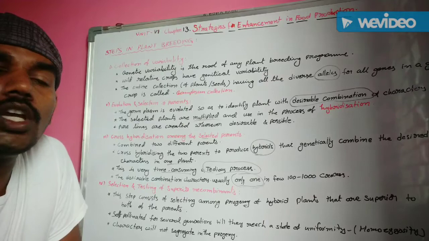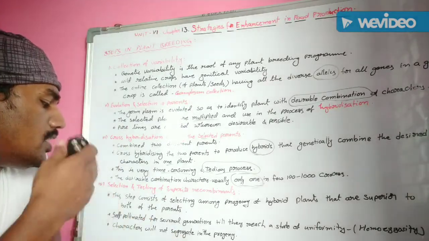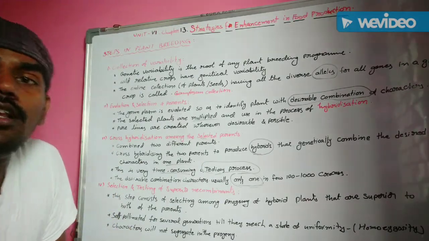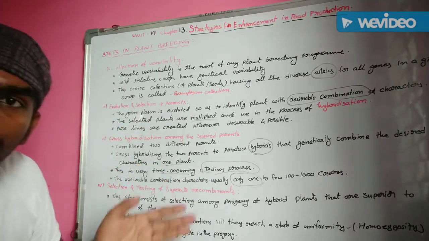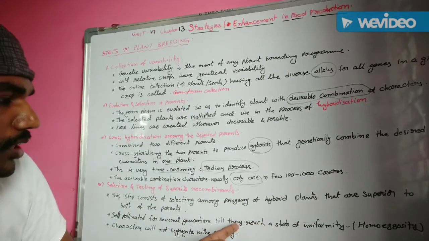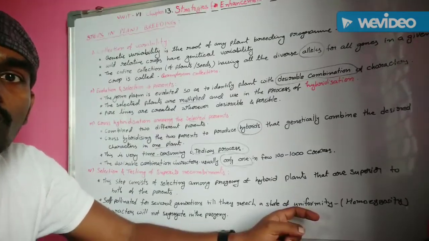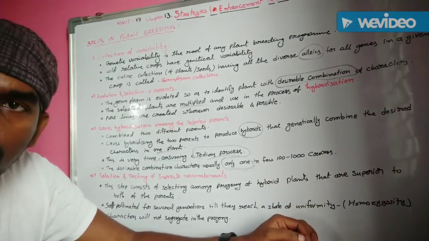This homozygosity condition వచ్చేంత వరకు we are self-pollinated in several generations. అంటే మెంబర్ ఆఫ్ జనరేషన్స్ మనం వాటిని సెల్ఫ్ పాలినేషన్ చేస్తూ ఉంటాం. ఎప్పటి వరకు అంటే దేర్ ఆర్ రీచ్ ఎ స్టేట్ ఆఫ్ యూనిఫార్మిటీ, హోమోజైగోసిటీ వచ్చేంత వరకు మనం వాటిని క్రాస్ చేస్తూనే ఉంటాం.